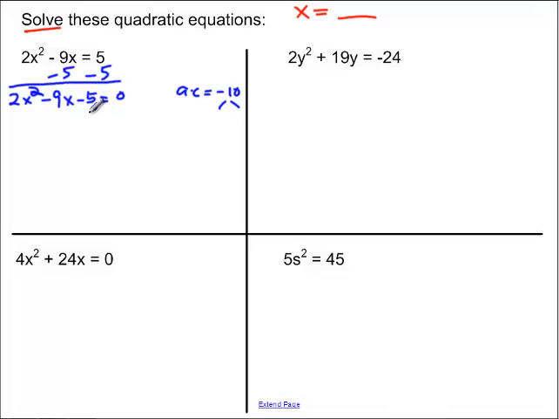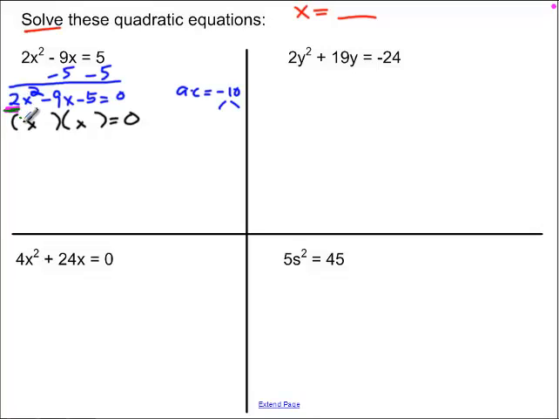But let's try to use our factorization of trial and error method and say, here's my x. Let's set up our skeleton here. There's an x and there's an x. 2 factors into 2 and 1.